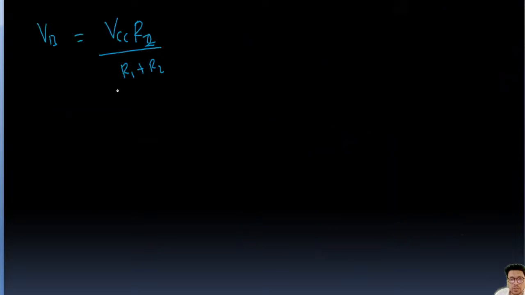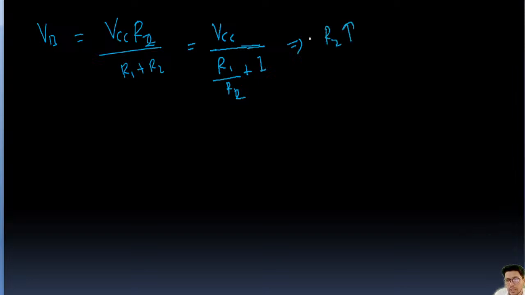Or we can write it as VCC upon (R1 upon R2 plus 1), since we have divided the numerator and denominator by R2. Okay, so this implies if we increase R2, the value of R1 upon R2 decreases, so VB also increases.